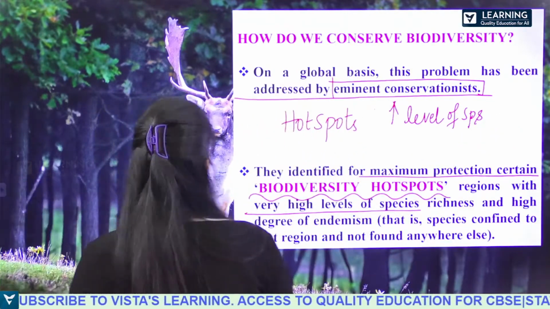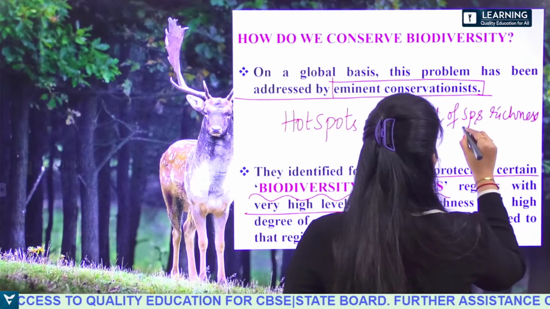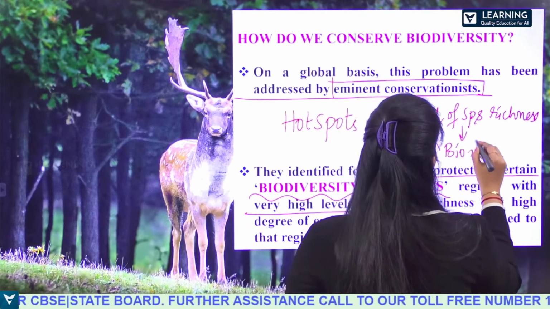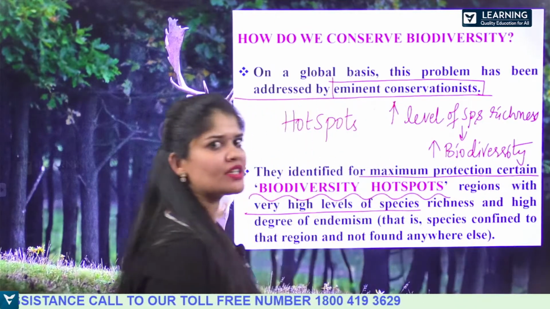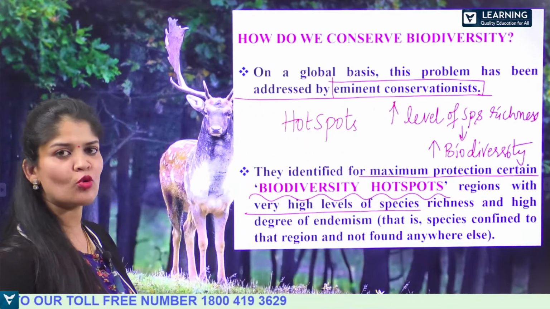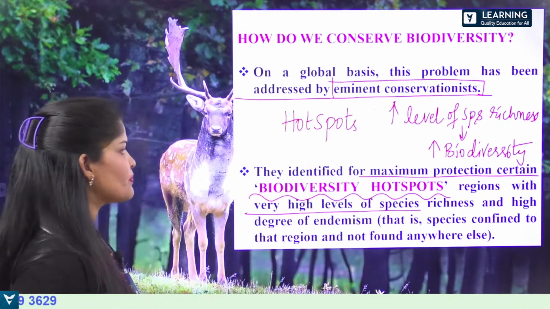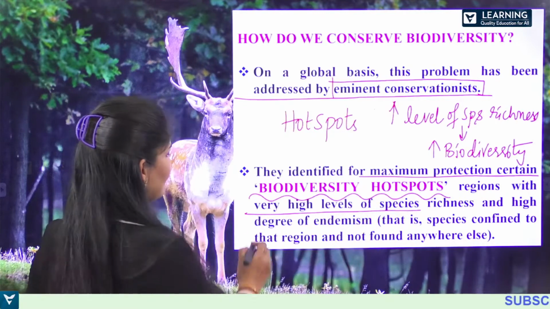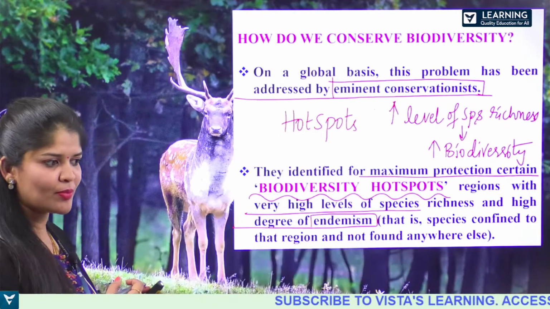That means more biodiversity. These are the regions which show more biodiversity, more number of species, and more diversification in these particular regions. So they show very high levels of species richness and a high degree of endemism, the presence of endemic species.